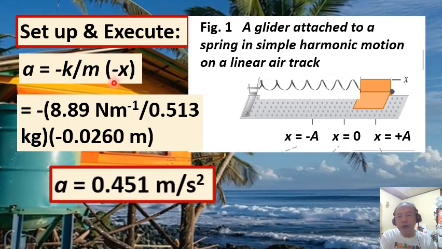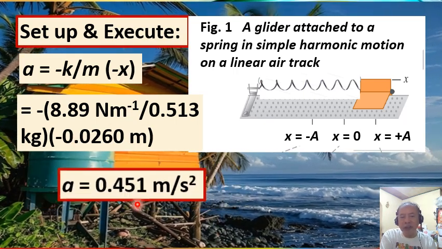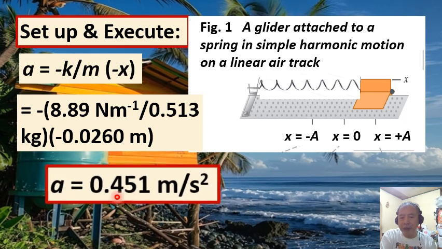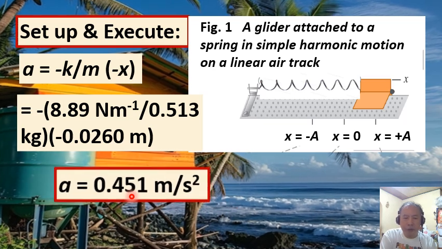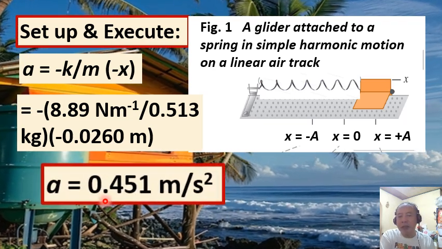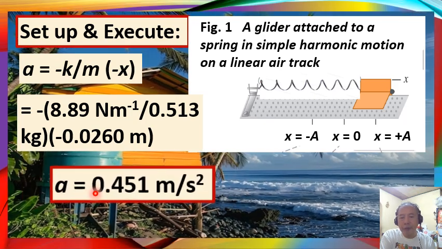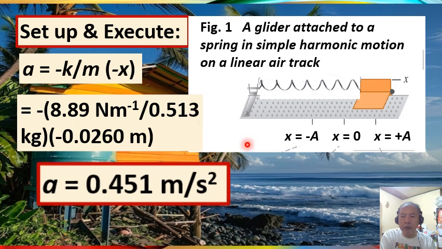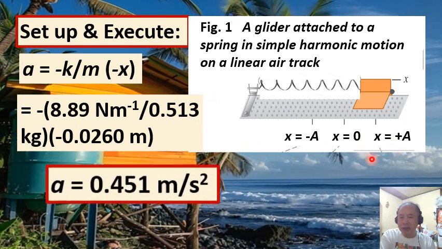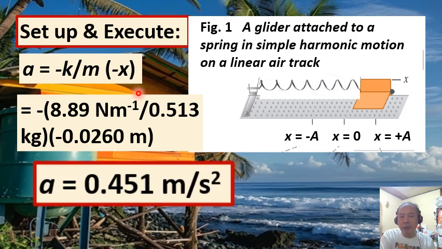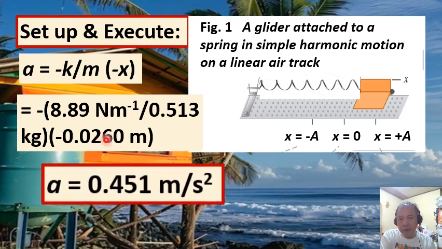Supposing you use the positive value for x, you will still get the same magnitude for the acceleration, right? But, of course, you will get a negative sign for the acceleration, because that agrees with our concept that if the displacement x is positive, then the resulting acceleration will be negative, all right?